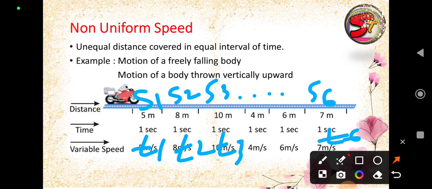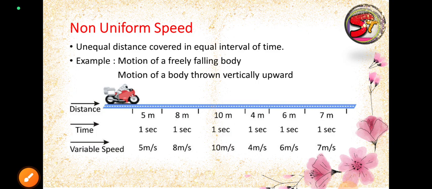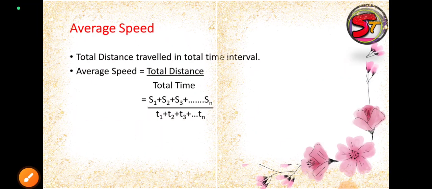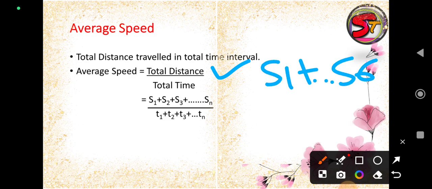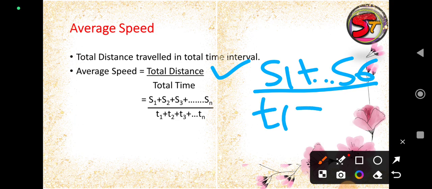So here what will happen? In the average speed condition, the total distance travelled by the object, that is S1 to S6 all, divided by T1 plus T2 plus T3 till T6, all we need to add. Here n number I have given. In the previous case we have seen 6 cases, that's why I have written 6, right?